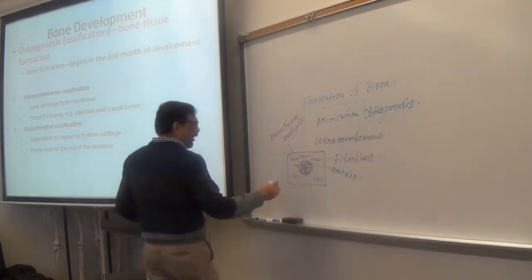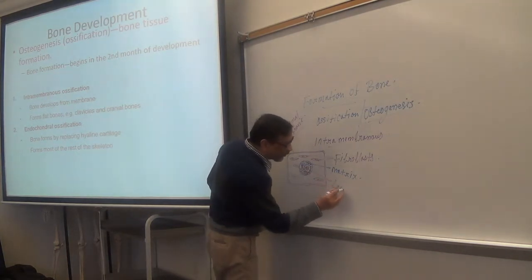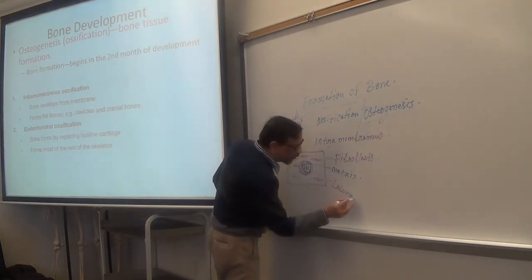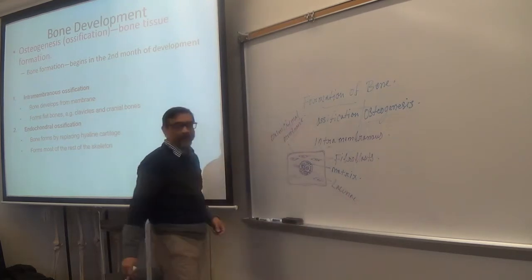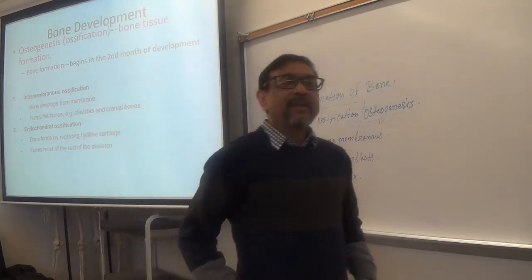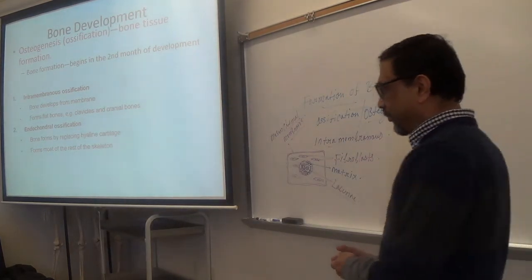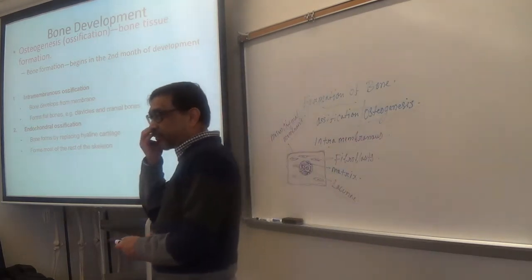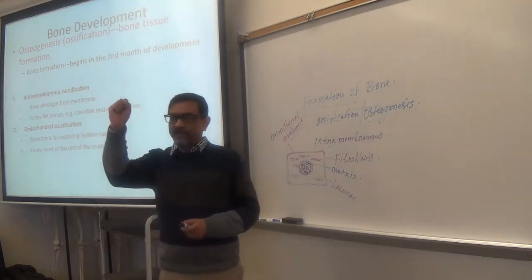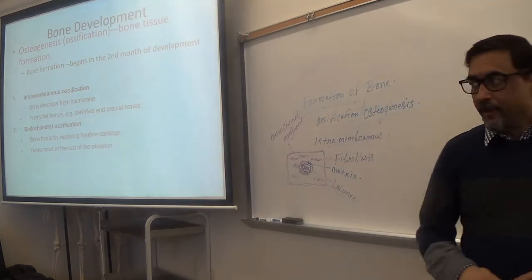And that is called lacunae. You remember? Cavities, right? So that's how we get lacunae and osteocytes inside them. That is the structure of bone. The osteocytes are housed inside those cavities called lacunae.